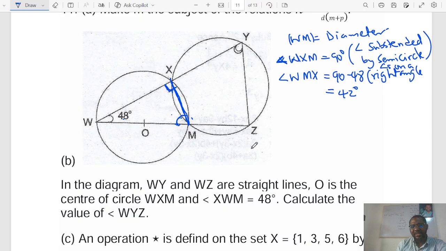Now it's getting interesting, because if this angle is 42 degrees, then it means that XYZM is what we call a cyclic quadrilateral.